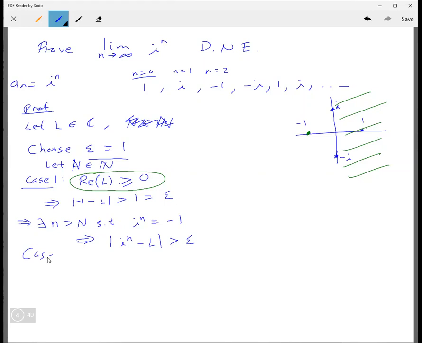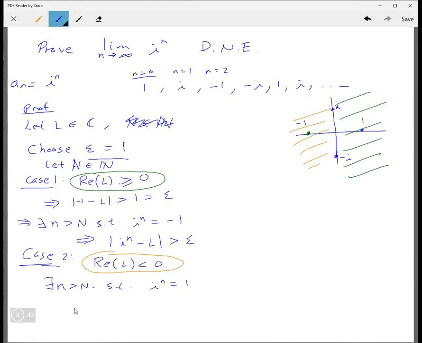Okay, and then we could go case 2, where the real part of L is less than 0. So that one would be everything over here. And then we could argue the same thing. There exists an n greater than capital N such that i to the n equals 1.